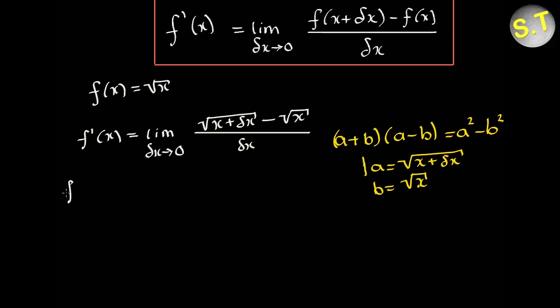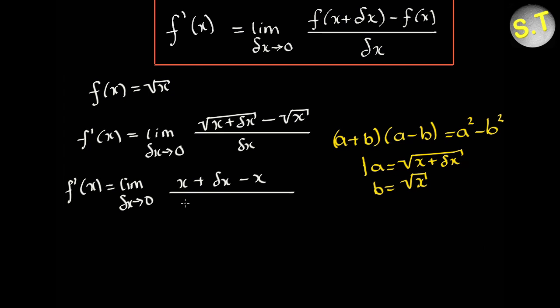so that'll give us the first derivative of x is equal to the limit as delta x approaches 0. So on the top we're going to have a squared minus b squared, so we're just going to have x plus delta x, that's a squared, and just subtract b squared, which is just x.